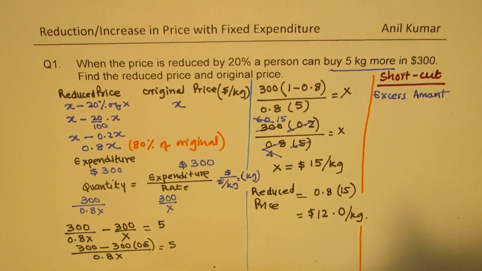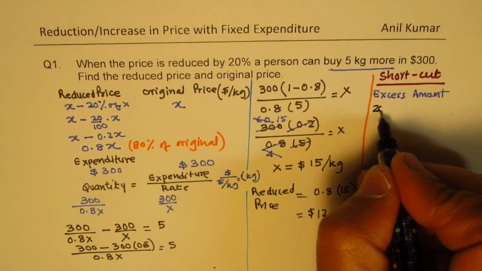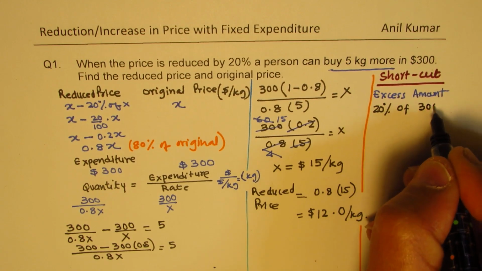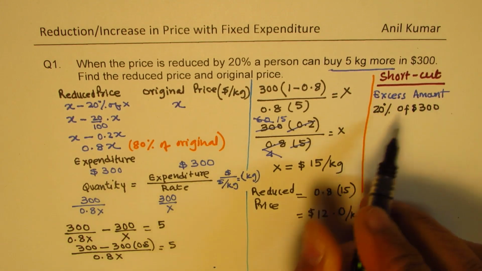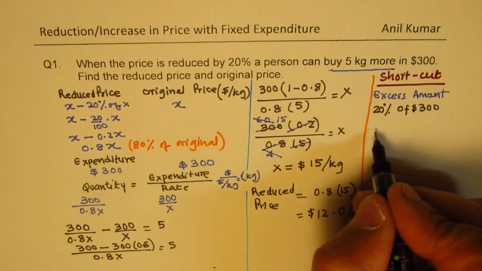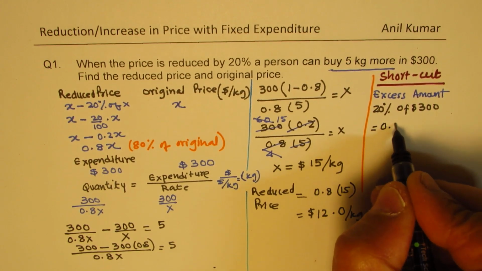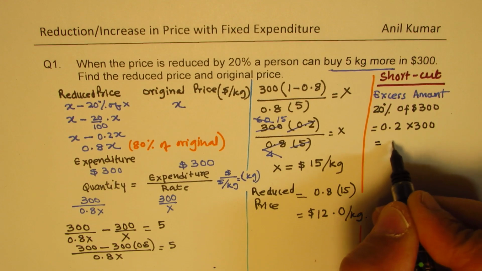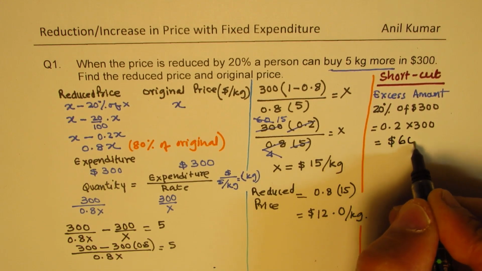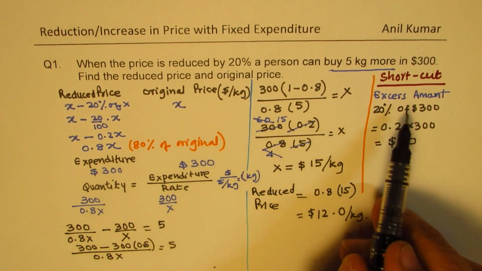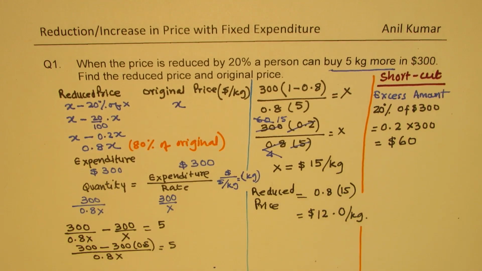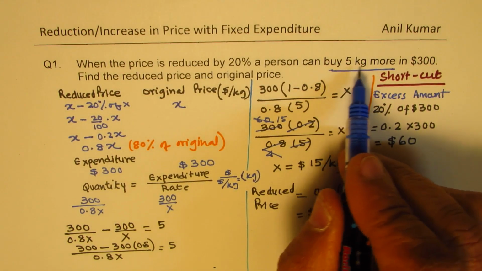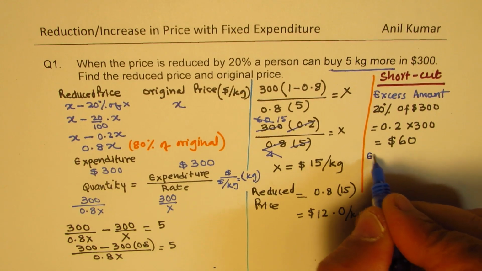So this excess amount is 20% of $300. Does it make sense to you? Now 20% of $300 is 0.2 times 300, which is $60. So we have this excess amount. With this excess amount, we did excess purchasing, right? So excess quantity.